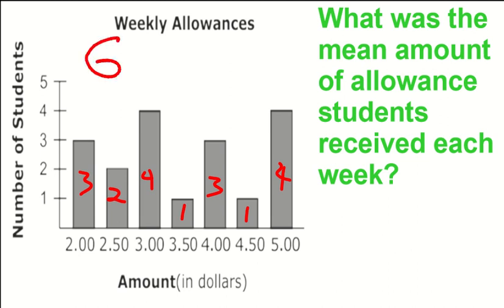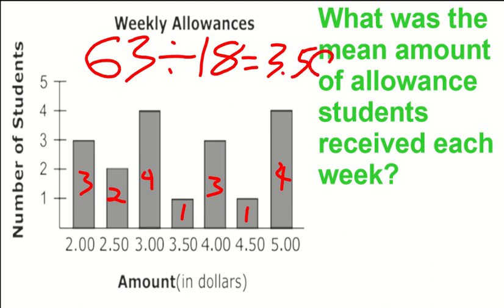That should have given you a sum of 63. Once you have that sum, you divide by how many there are. So 63 divided by 18, like he said, would give you 3.5. We put a 0 on it since it's money. We get $3.50. Any questions?